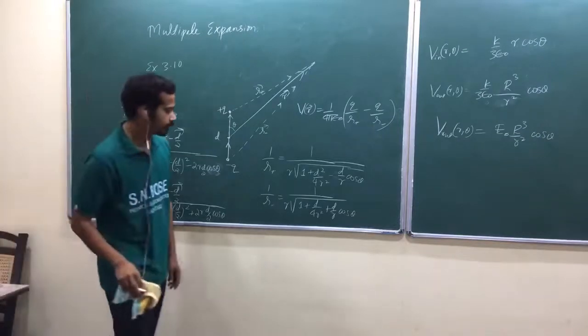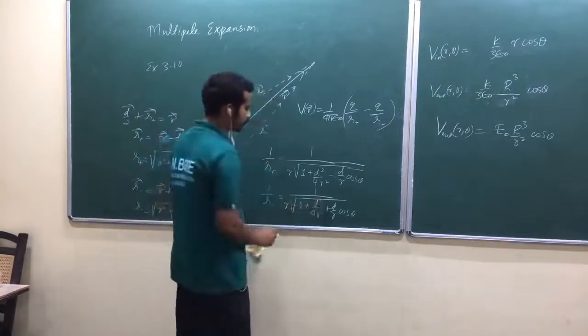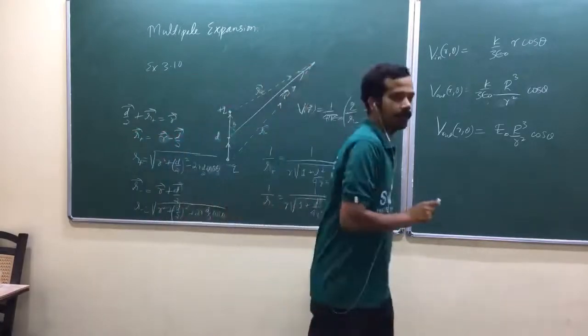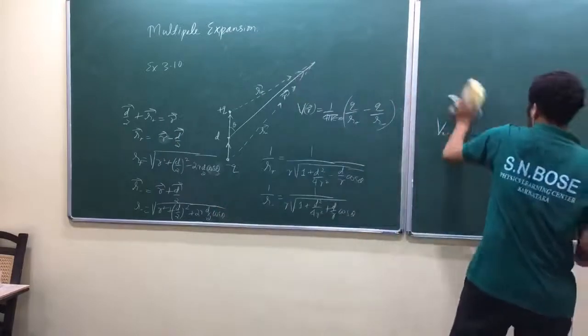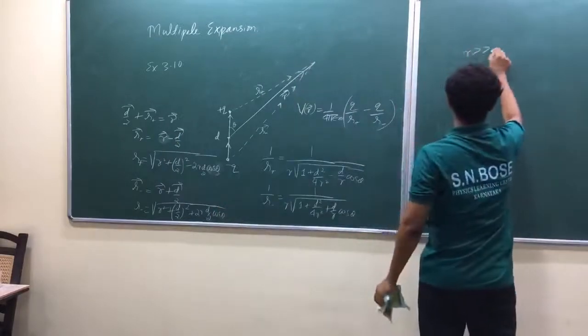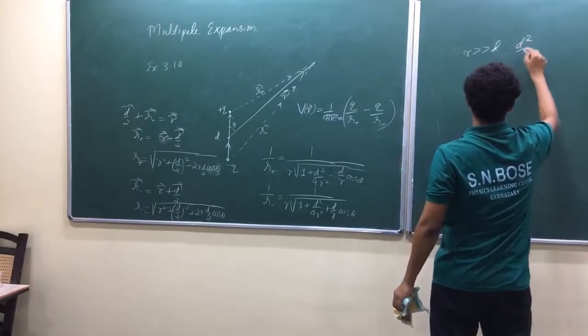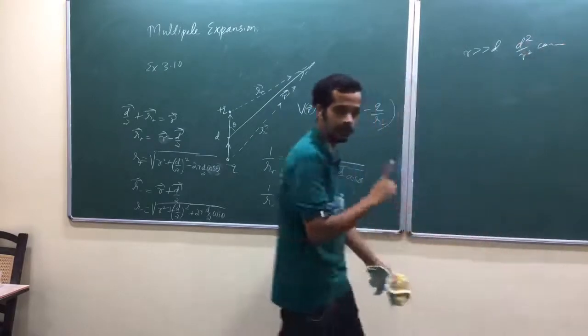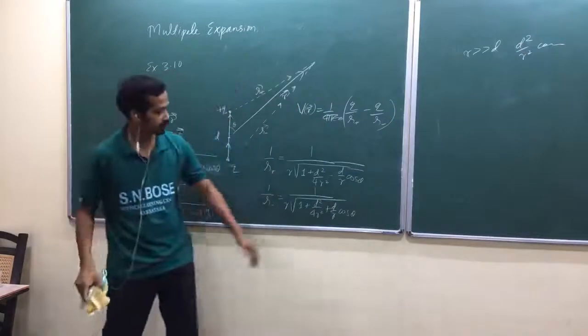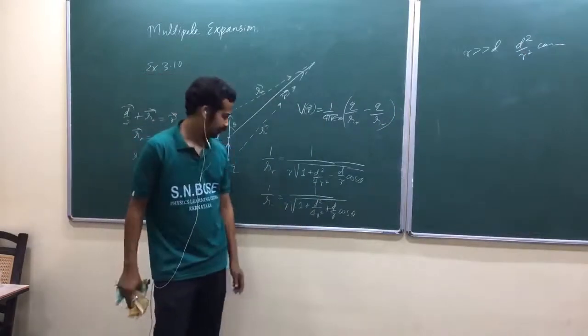Now what we do here is, d square by r square. Our region of interest is very large. He said find the potential at very large distance, am I right? Since r is very much greater than d, let me neglect d square by r square. Neglect only that one. If you neglect this one also, only 1 will remain.